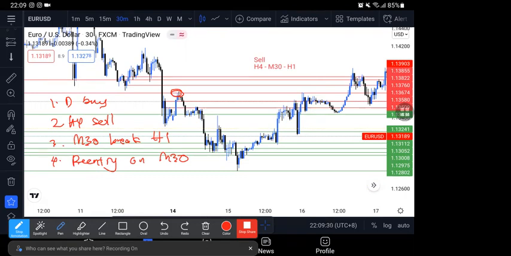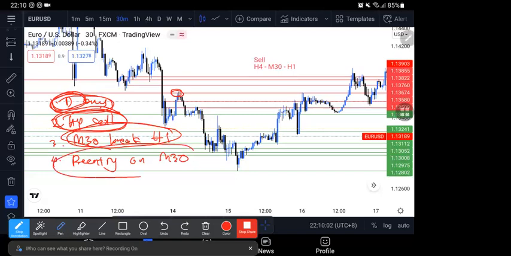The first moment, we are taking the buy at daily. That is our first target. We are targeting to buy. But what the market is showing us is H4 in sell momentum. Then we see the entity break the H1, and we are looking for re-entry at entity. For this part, are you clear until the re-entry on H4?